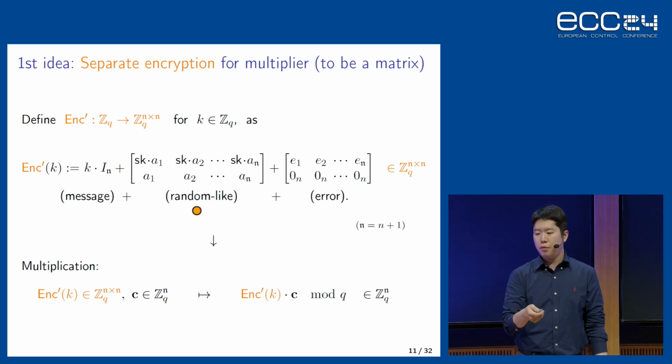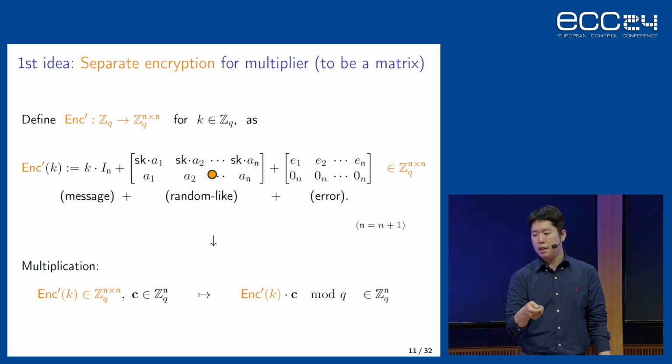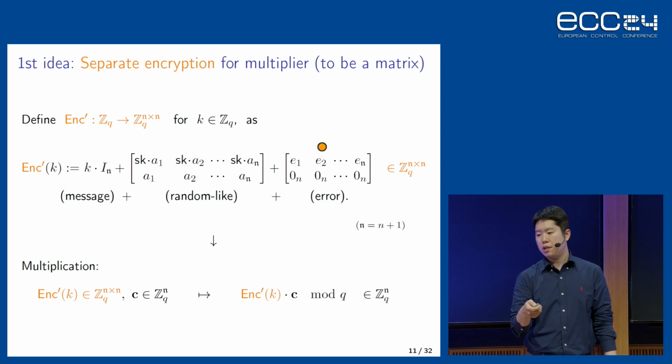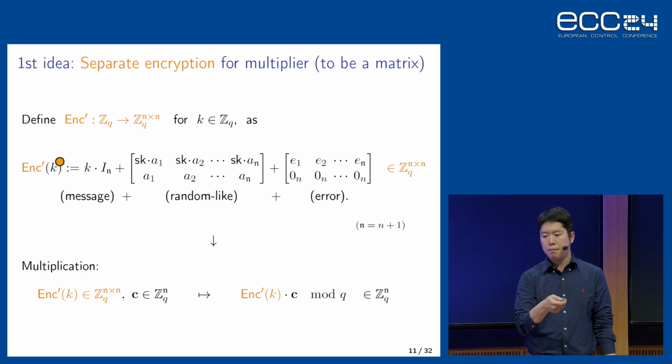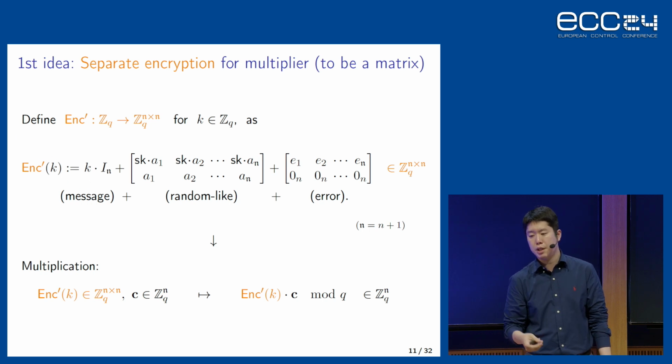So we add this random-like matrix and this small random error matrix together, and keep the message part as an identity matrix multiplied by the message k.